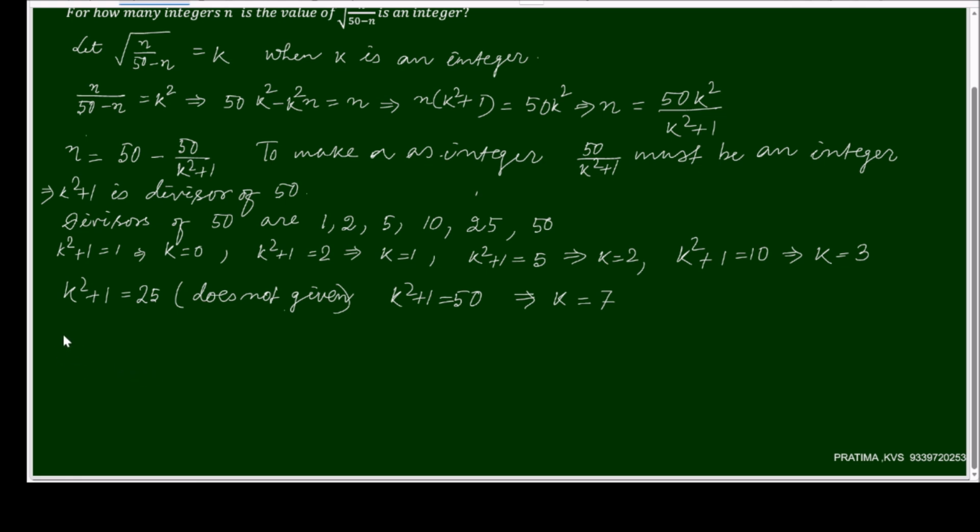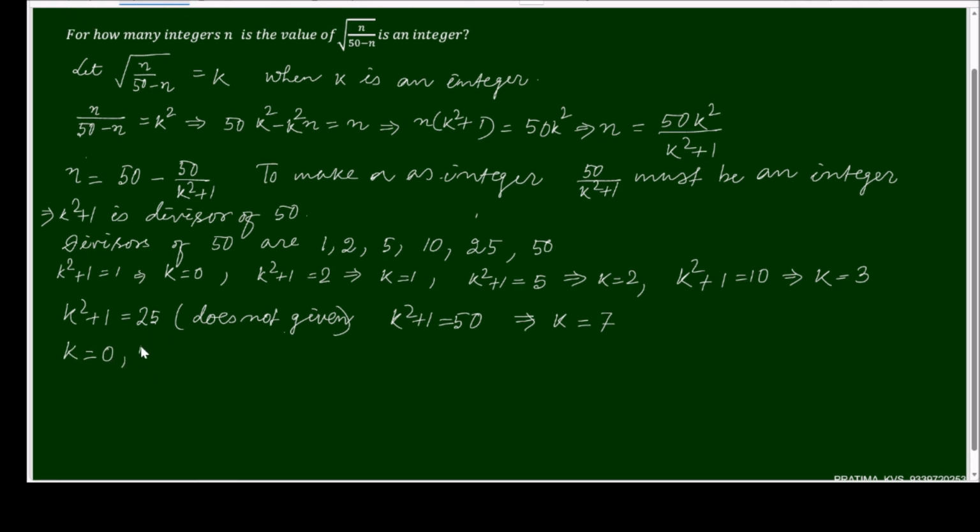So we are getting the values of k as 0, 1, 2, 3, and 7. There are 5 values.